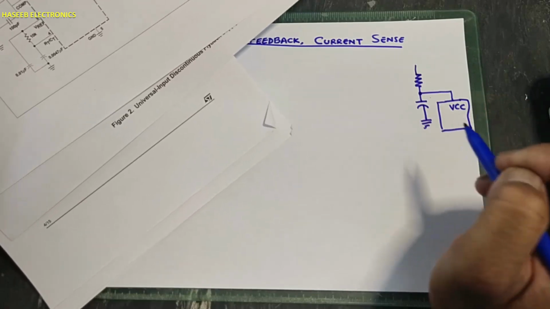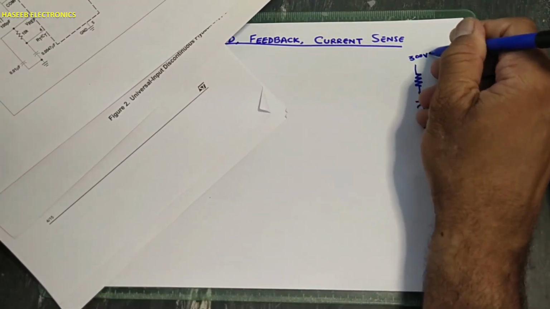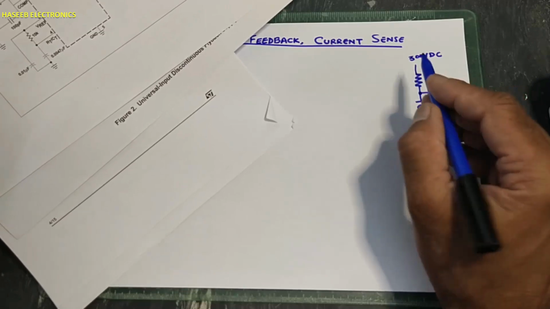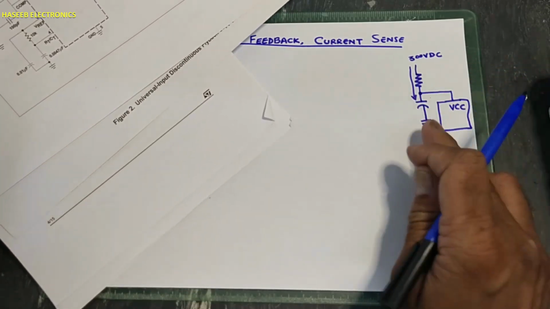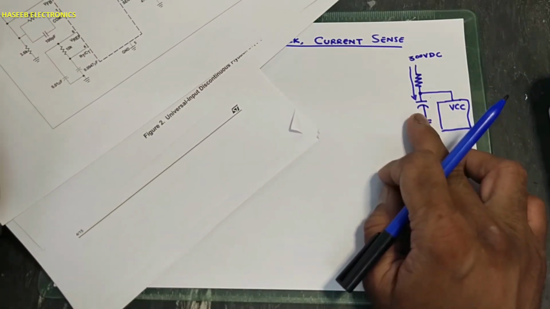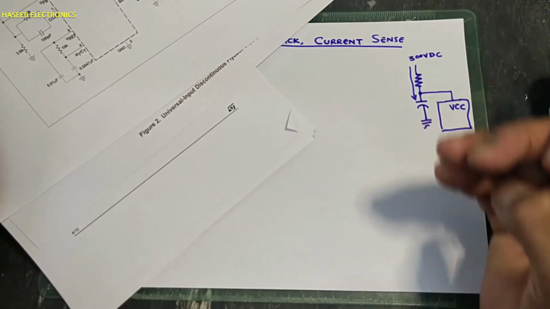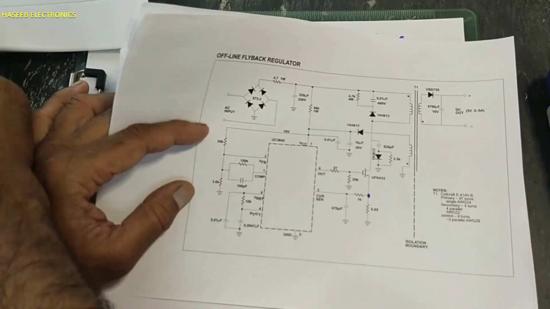This is the IC, with 300 volt DC. Now this resistor will allow current to charge this capacitor, because when the capacitor is empty, it will work as a short circuit. It will draw more and more current until the voltage builds up at this pin.